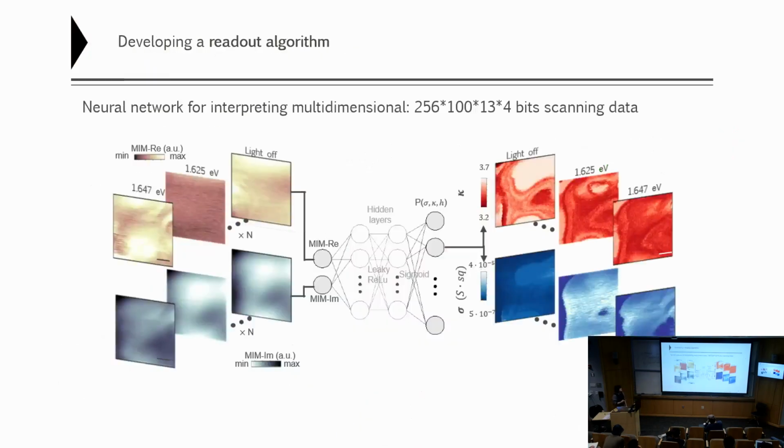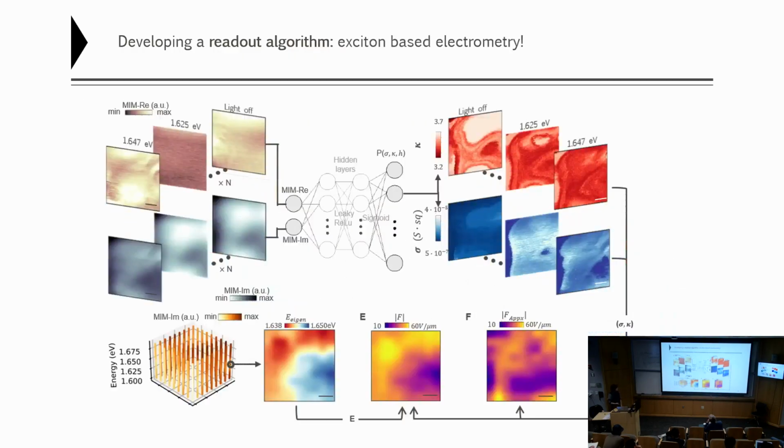So to summarize all this, what we did was a neural network interpretation of all those experimental results. We got a whole lot of experimental results with light off and with different excitation frequencies of light. Then we go through this neural network to back out all those conductivity and permittivities and so on.